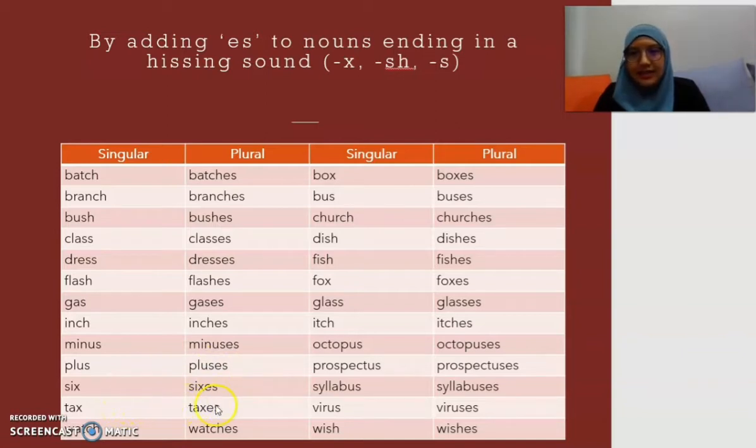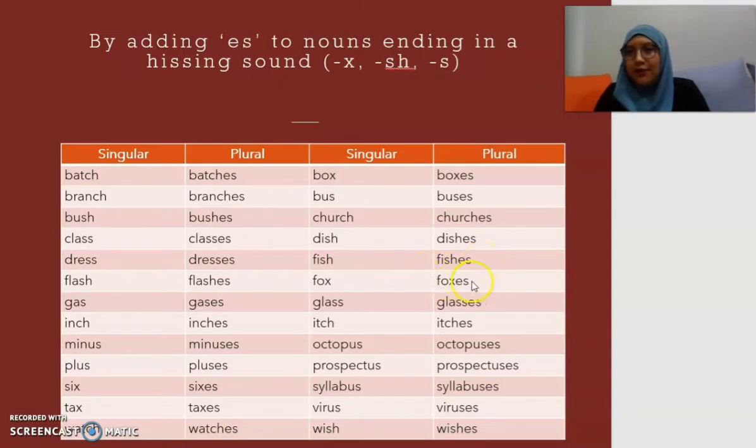Tax, taxes. Watch, watches. Box, boxes. Bus, buses. Church, churches. Dish, dishes. Fish, fishes.